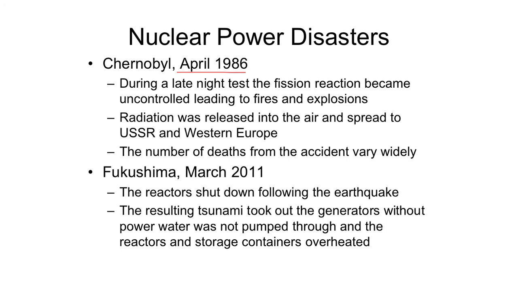But with the release of radiation, sometimes it's long term, like an increase in certain types of cancer, an increase in reproductive problems that then lead to infertility. So it's hard to pinpoint an exact number.